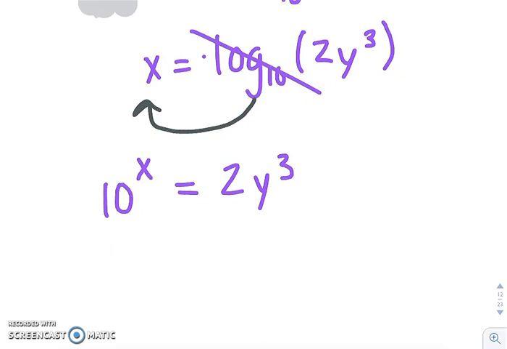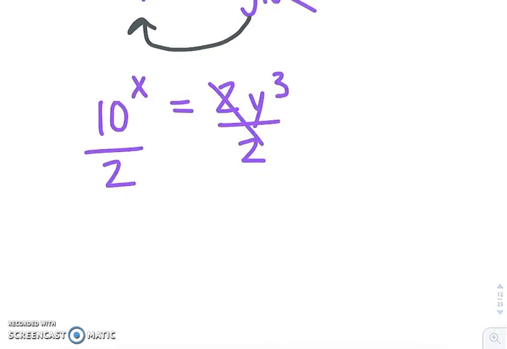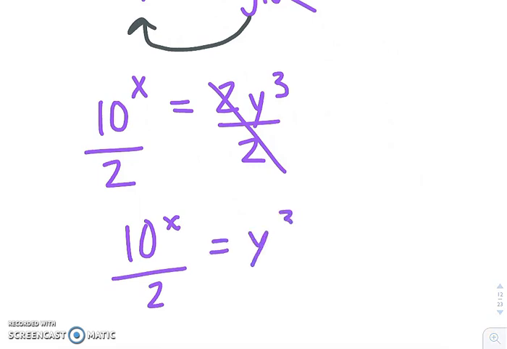Okay, we're going to divide by 2 to get rid of that there. So 10 to the power of x over 2, it's a fraction, which is okay, equals y cubed.